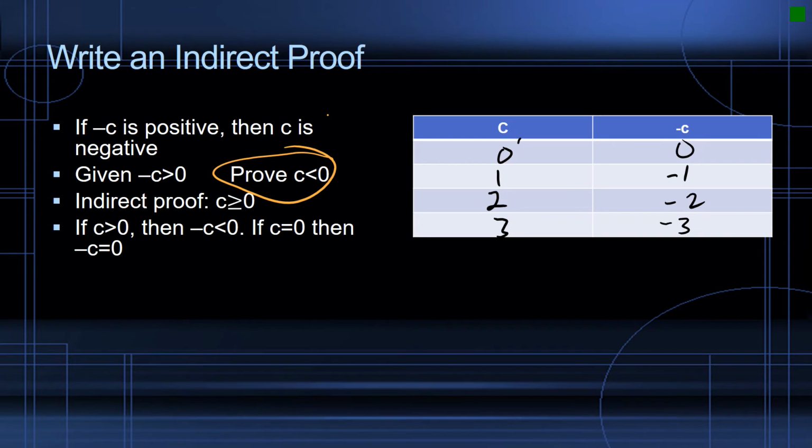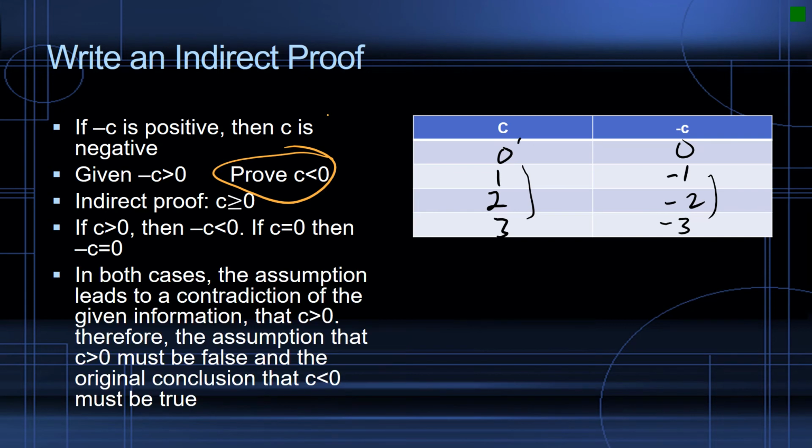So if c is greater than 0, then negative c is less than 0. And if c is equal to 0, then negative c is in fact 0.